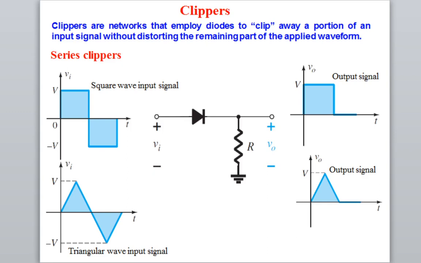The working principle of clippers is quite similar to the rectifier. In a rectifier also you rectify one part of the signal, you cut one part, but there is a little difference between a clipper and a rectifier. In a clipper, you clip one part of the input signal without distorting any remaining part.